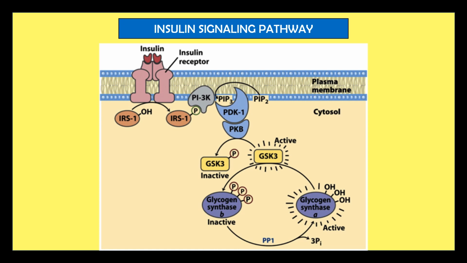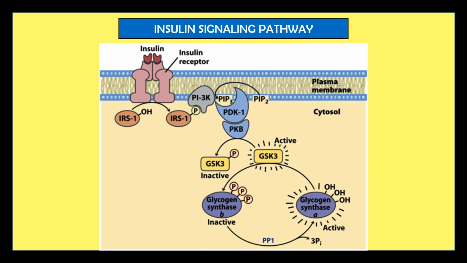PIP2 to PIP3. The binding of PIP3 to PKB leads to the activation of PKB, and the activated PKB phosphorylates GSK3 on the serine residue and inactivates it.